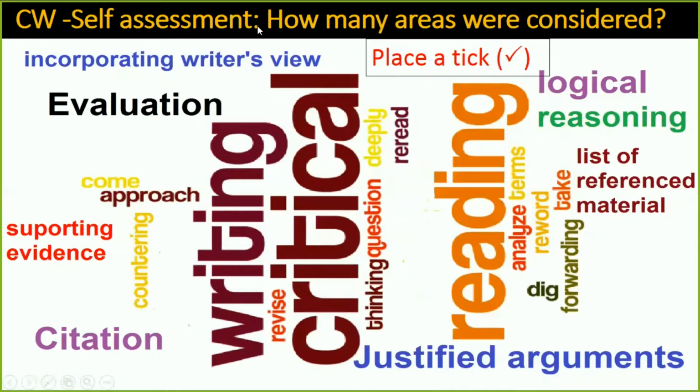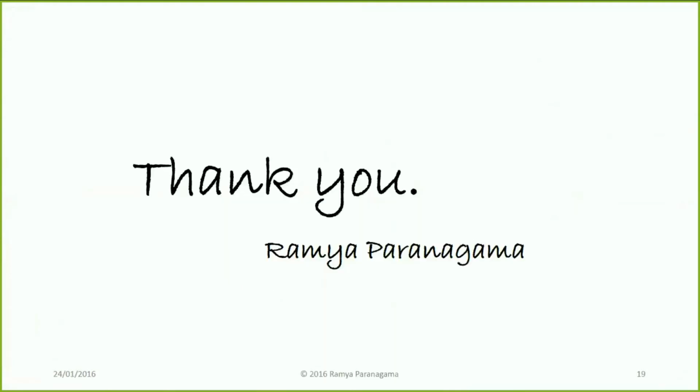So this is what I call the critical writing self-assessment tool. And here we have questions. There can be a number of questions in your brain, so you need to ask questions and write down what the questions are, right? So that's all I wanted to say for this critical writing.